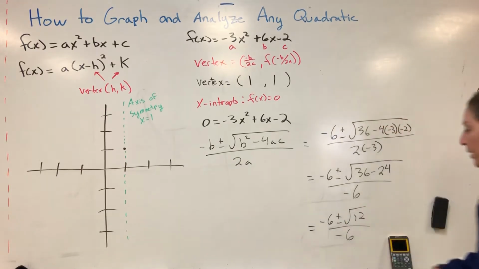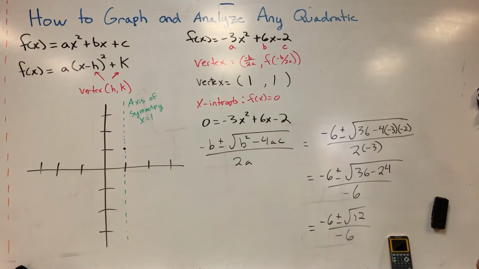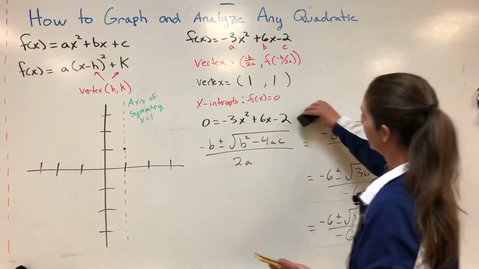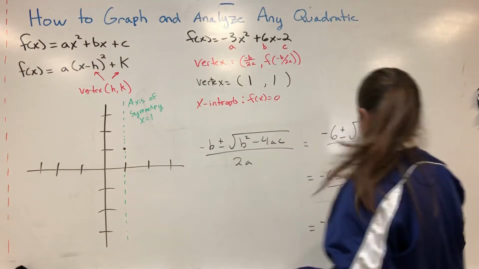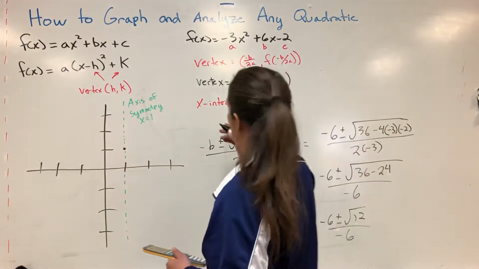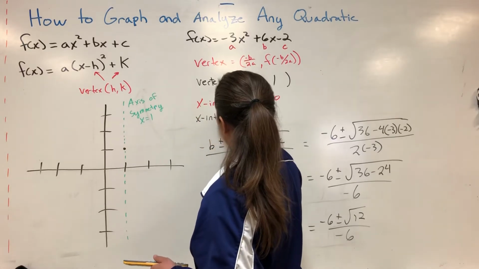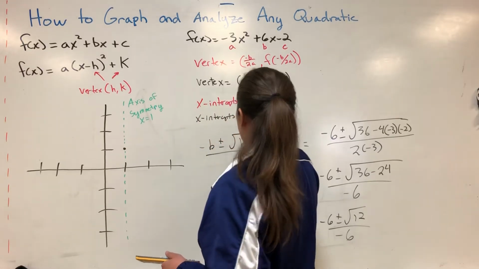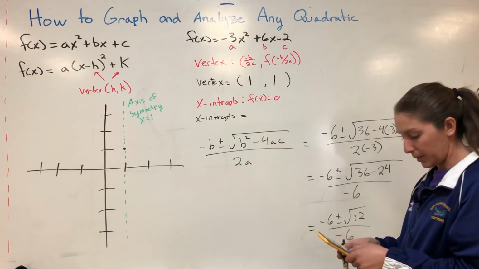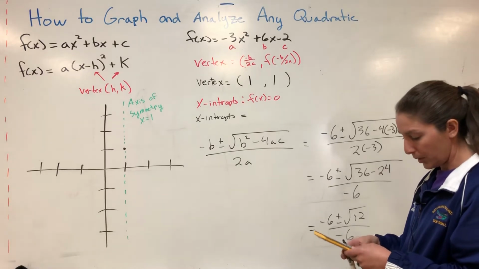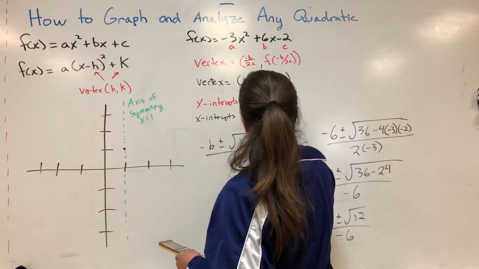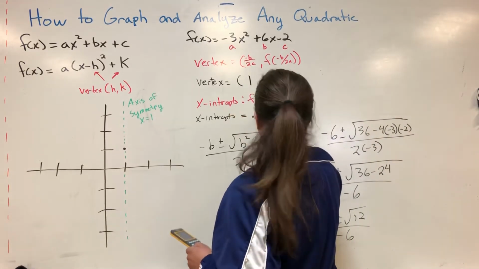Okay, and here is where we are going to pull out our calculator. So our x-intercepts are going to be at, and I'm just going to throw both of these in the calculator and see what we get. Whoa. So our x-intercepts are at, negative 6 plus the square root of 12, divided by negative 6, 0.42, I'll just go 2 decimal places.